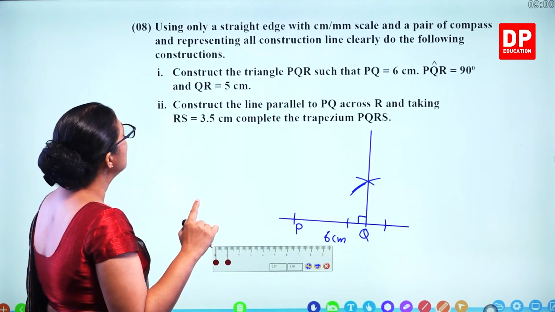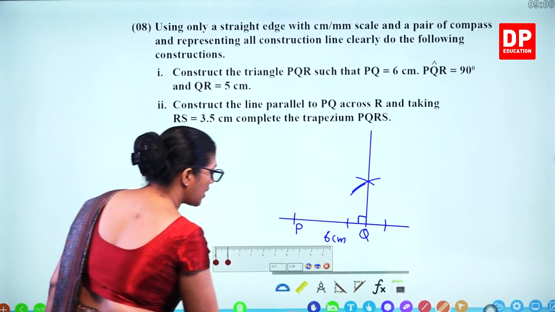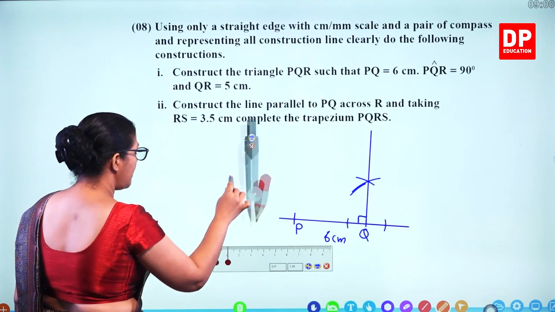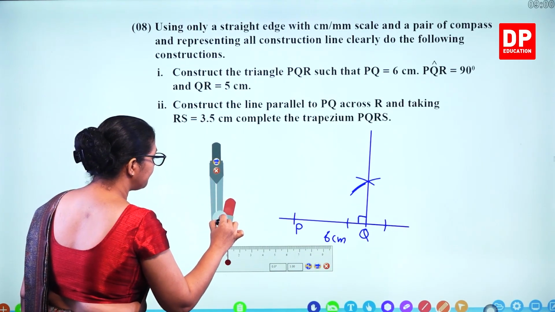Now what is QR? QR is 5 centimeters. So you take the compass and now you have to measure 5 centimeter length.